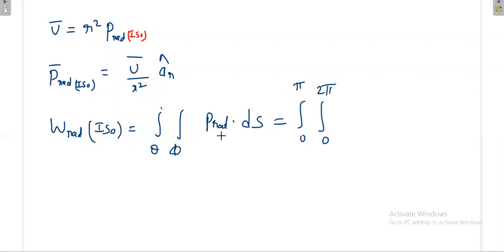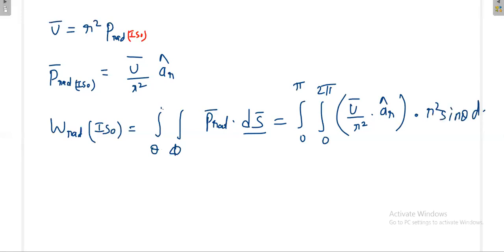The power radiated in the isotropic case is U bar divided by R square, in the radial direction ar cap, dotted with the vector ds. ds is r square sine theta d theta d phi ar cap. The ar cap cancels because the dot product is 1.